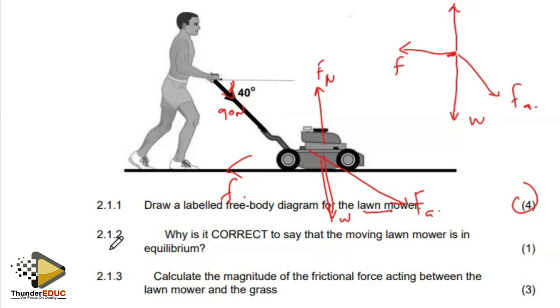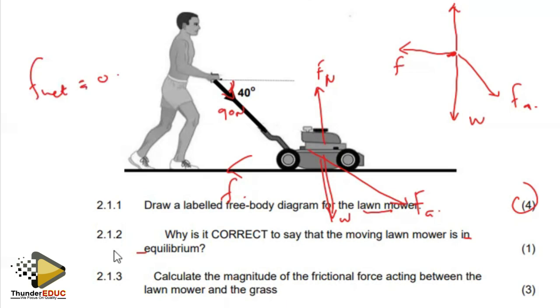Then 2.1.2, why is it correct to say that the moving lawnmower is in equilibrium? This is for 1 mark. We could say that it's in equilibrium because the lawnmower is moving at a constant speed. And for as long as it's a constant speed, the net force is 0.